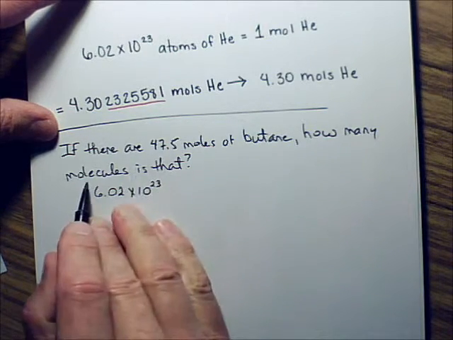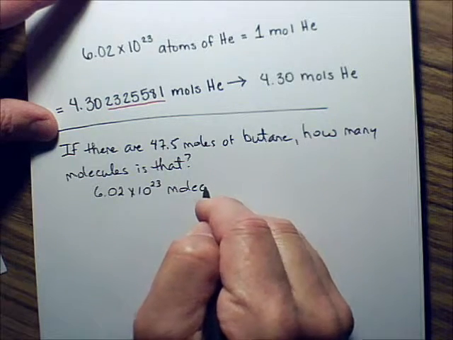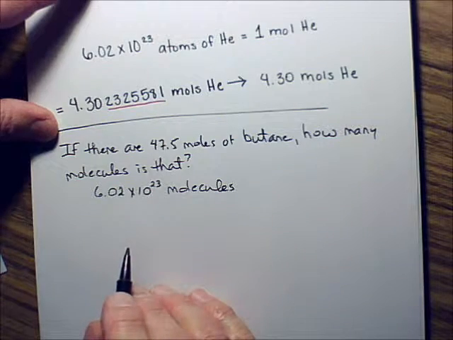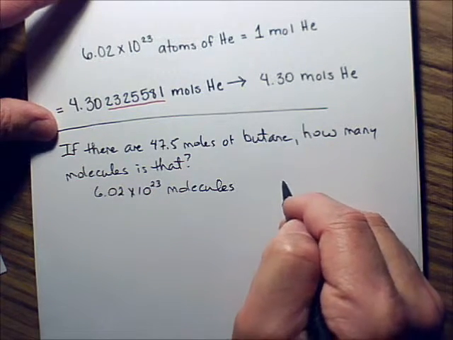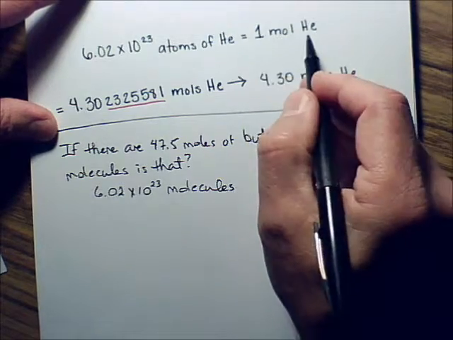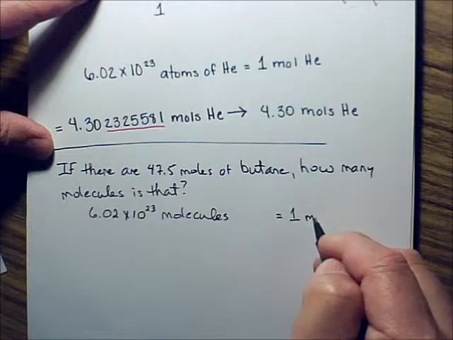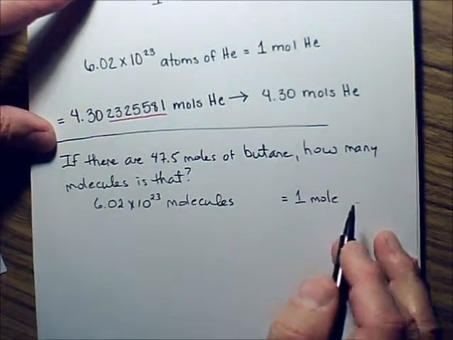The particles in this case are molecules, so we're going to put molecules here. The species is butane. Now we need to figure out what butane is. Let me come back to that in a second, okay? And then on the other side we're going to have 1 mole. That's the relationship, 1 mole of butane. I'm going to help you figure out what butane is.